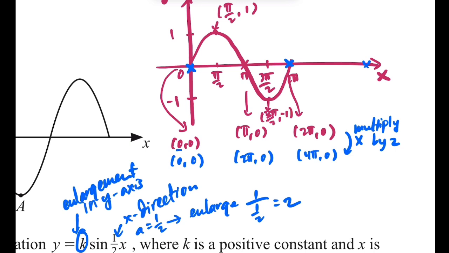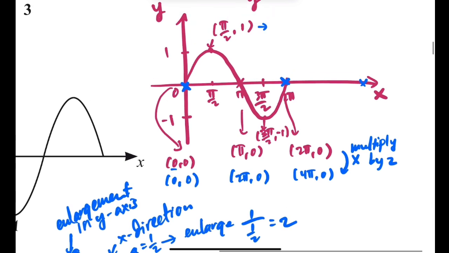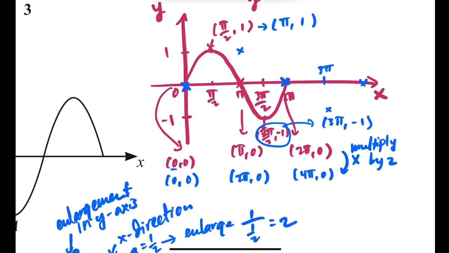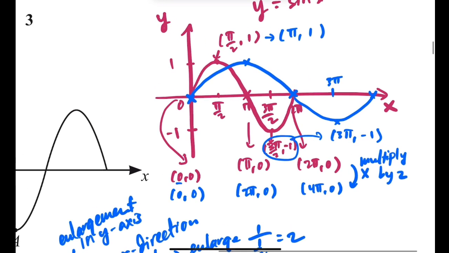So the new coordinates after the transformation are pi over 2 times 2, which is pi itself, 1, and this becomes 3 pi, minus 1. Let's say this is 3 pi. Now you will have a new curve like this. Sorry for the bad drawing. This is the new curve of sine half x.